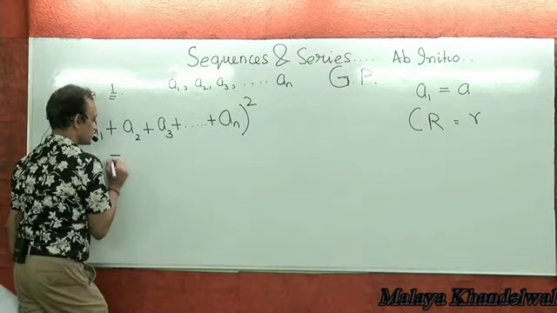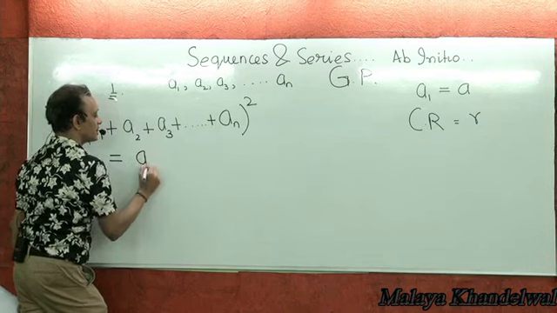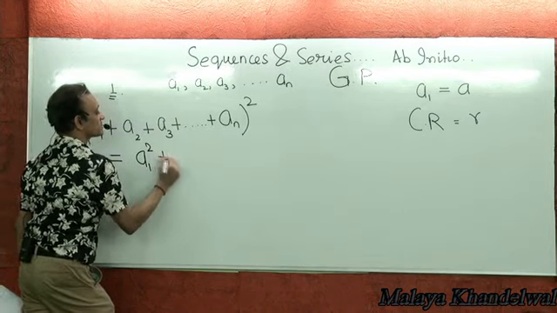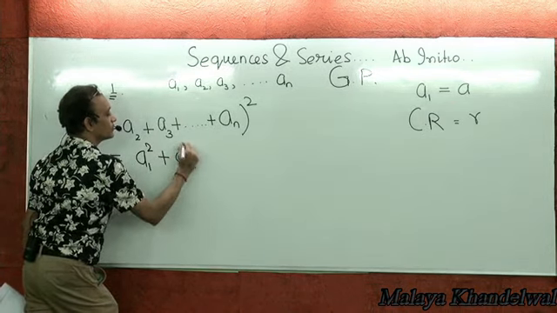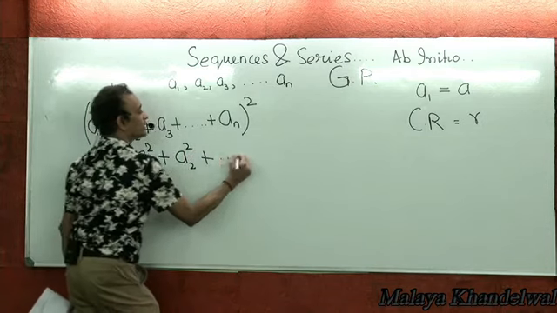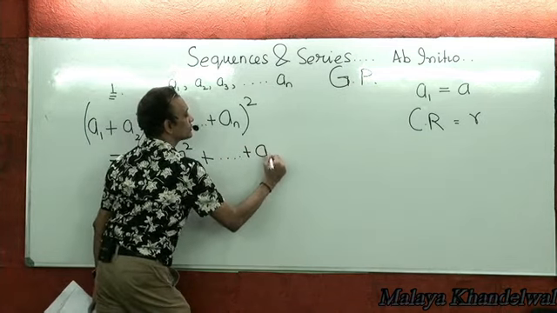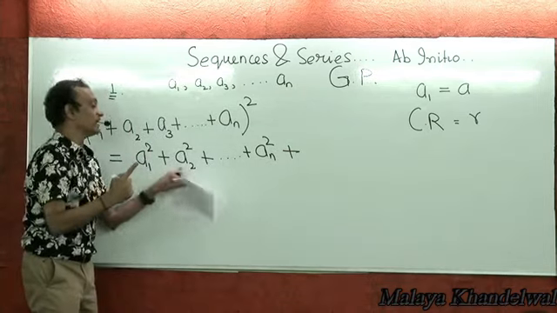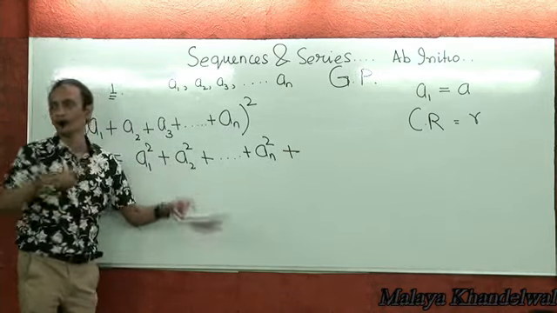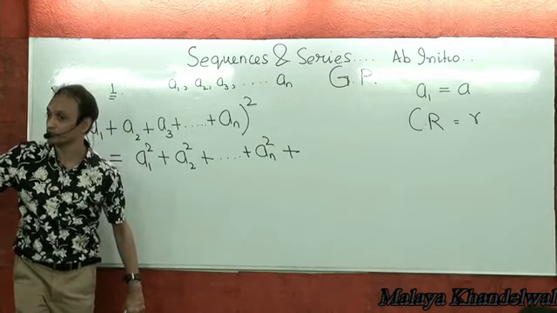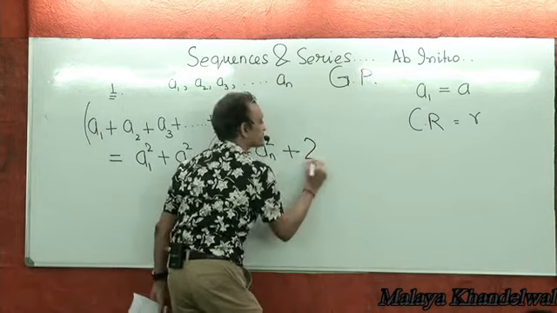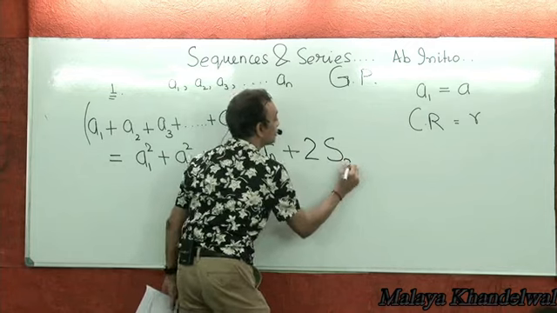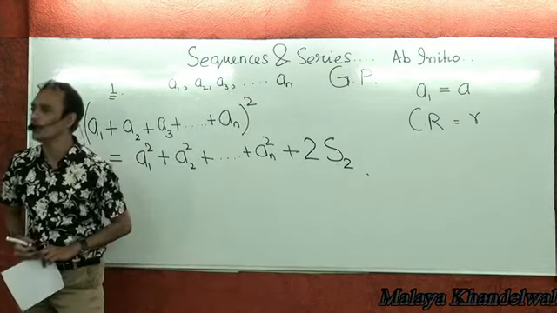I'm going to get terms of this kind first: A1 squared plus A2 squared plus ... plus AN squared, in the first place. And then I'll get twice A1A2, A2A3, A3A1, all such pairs will appear, right? That means twice the sum of the product taken two at a time. This is what I'll get, yes or no?